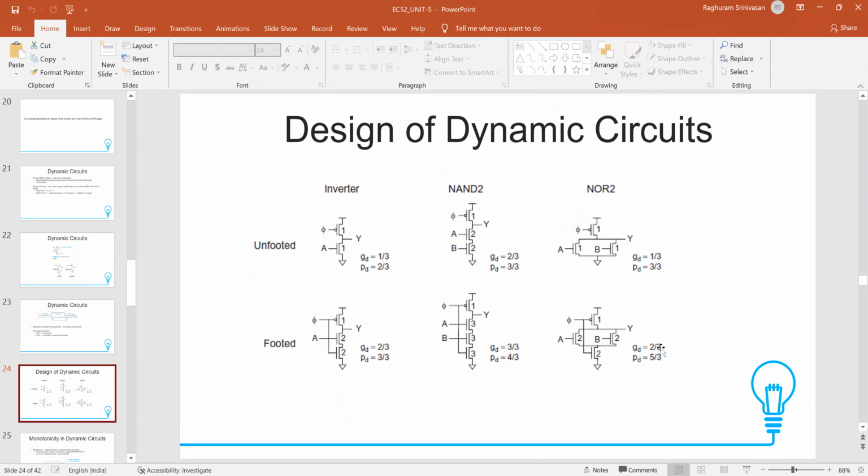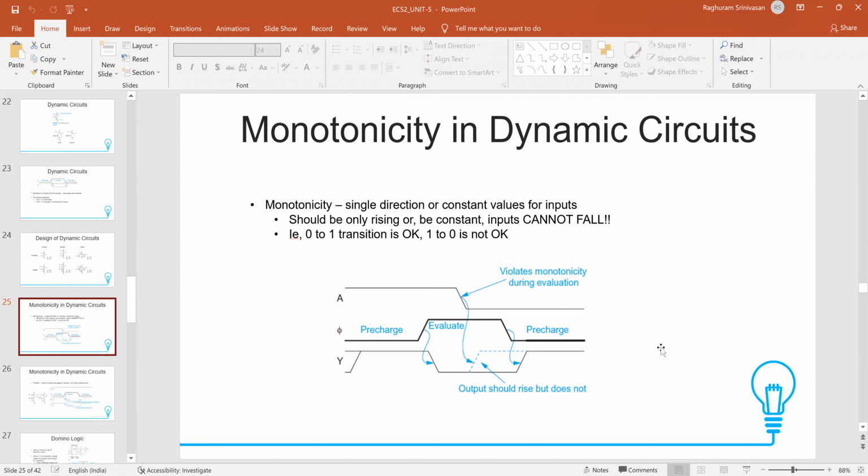Very simple, easy to understand, but there are some complications in dynamic circuits. So we'll see one example here. Let's say this is our input and this is my output signal. In the pre-charge phase, up to this particular point, I'll save this and switch to the whiteboard.